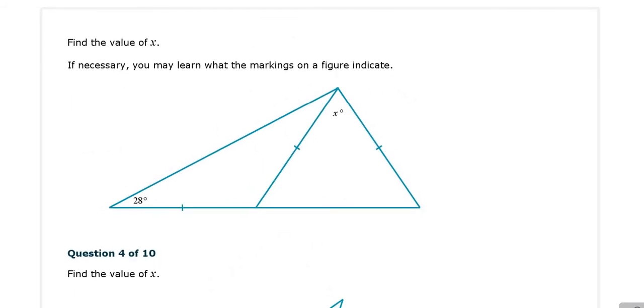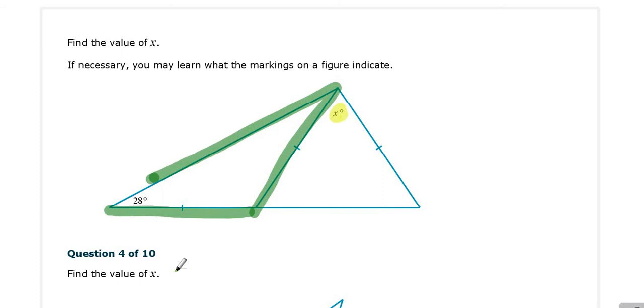Number 3. Number 3 is going to ask you just for the value of x, but never just solve for x. Always look at your diagram and ask yourself, what do you know? And in this triangle, what you know is if you have 2 equal sides, you have 2 equal angles.